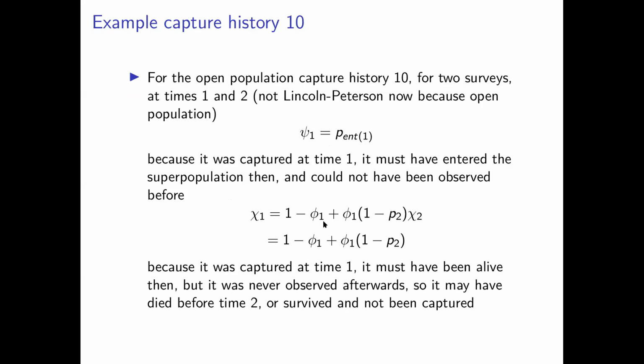So that's 1 minus the survival probability, the probability that it might have died, plus the survival probability at time 1 times the non-capture probability at time 2, and times the probability of not observing it again after time 2. So representing that it survived but was not captured and was never seen again. And again, the probability of not observing it after time 2 is just 1 because there are no surveys after time 2.